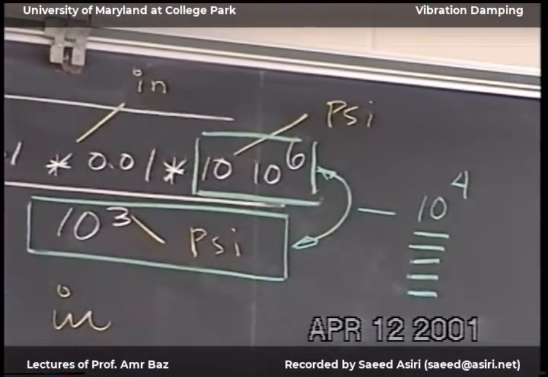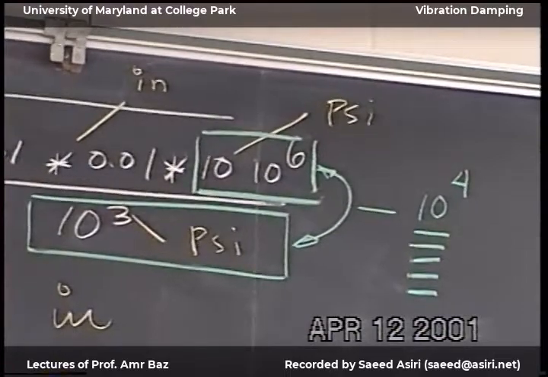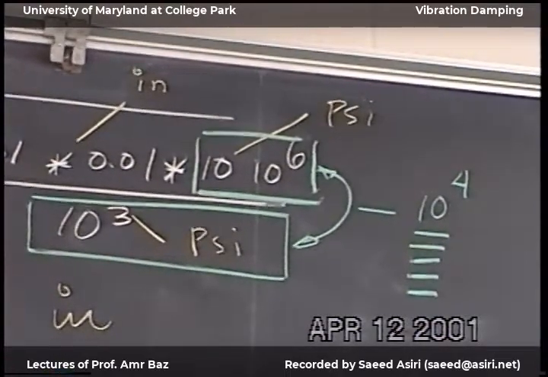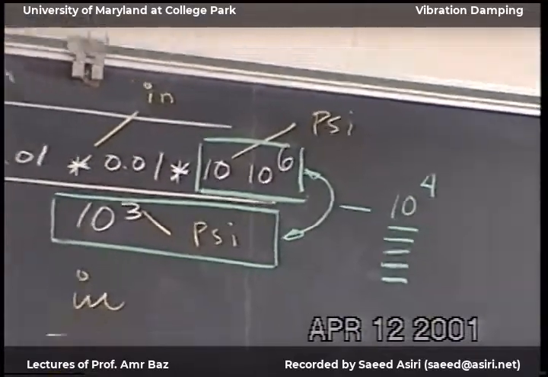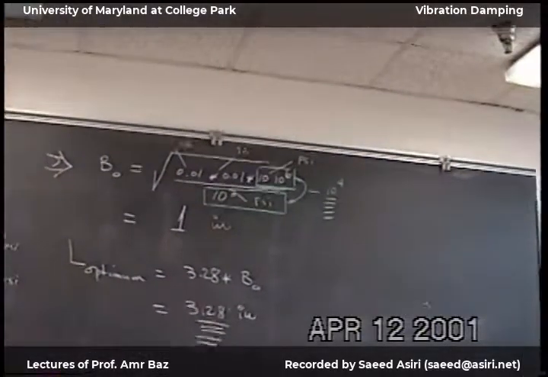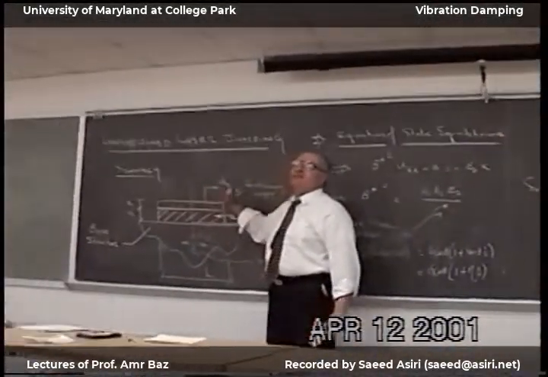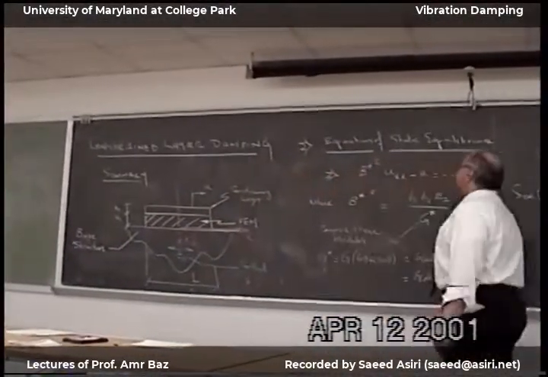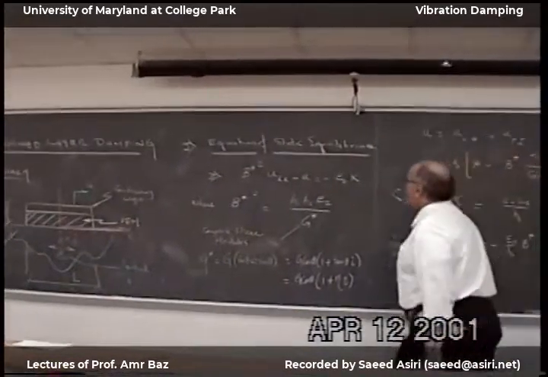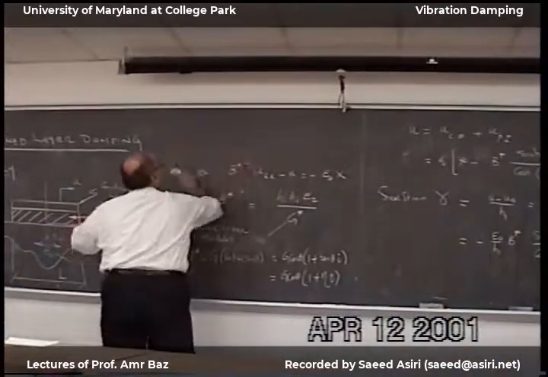Okay? So now what I'm going to do is remove this constraining layer. And then we'll do the energy dissipation when it is unconstrained, and then compare what will happen if we constrain the viscoelastic material. The analysis is very simple in this case.